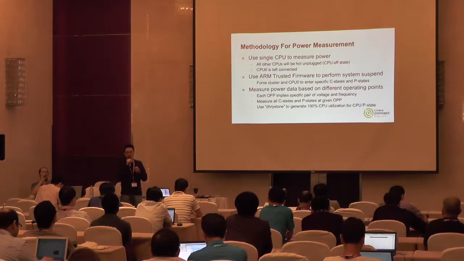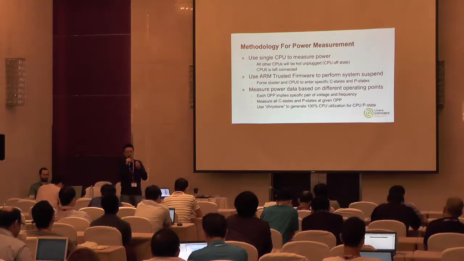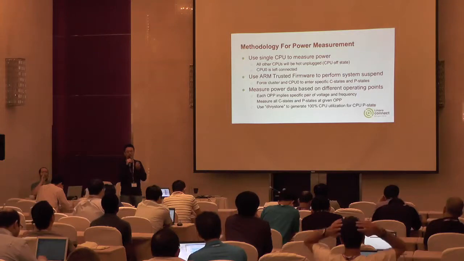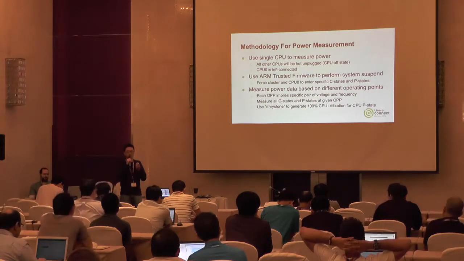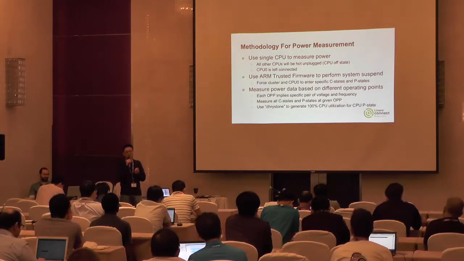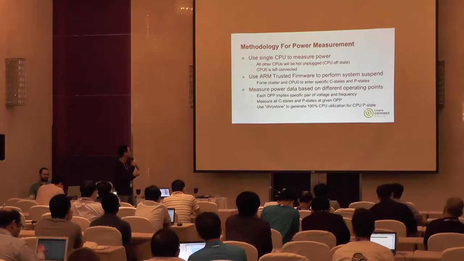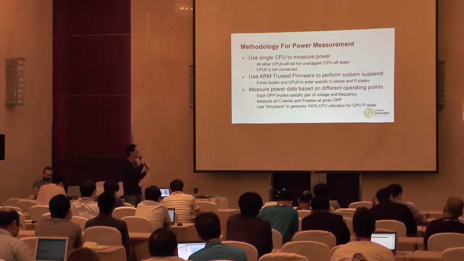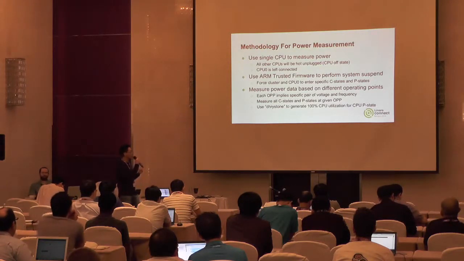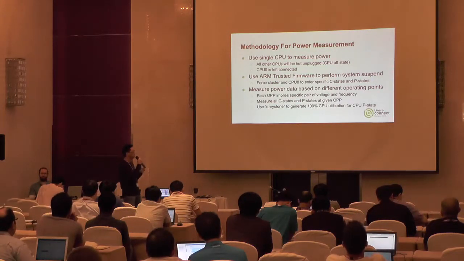So we should select the voltage level, and base on this specific voltage level to measure the different idle states and P states. In one case, we use Dhrystone to generate 100% CPU utilization for the CPU P state, so we can get the CPU P state power data.